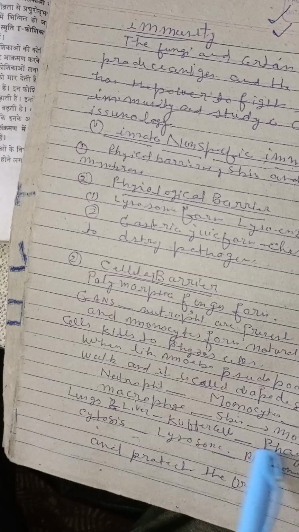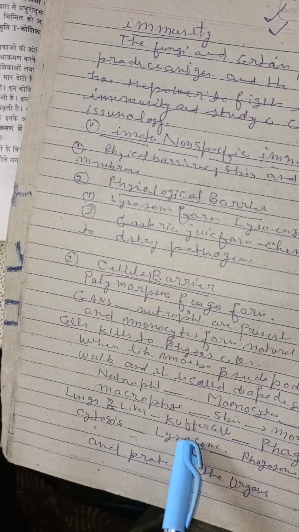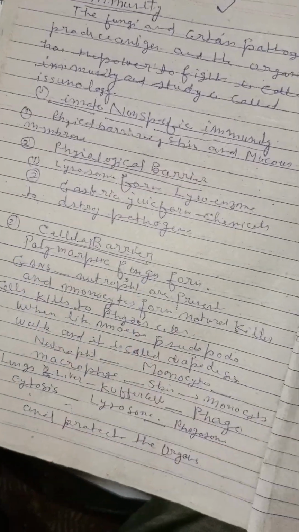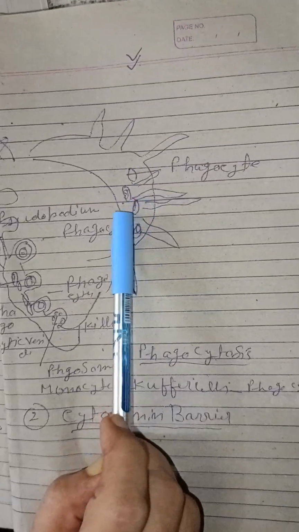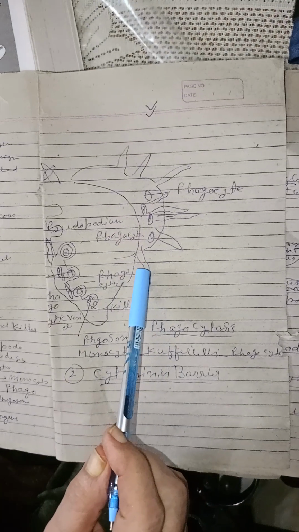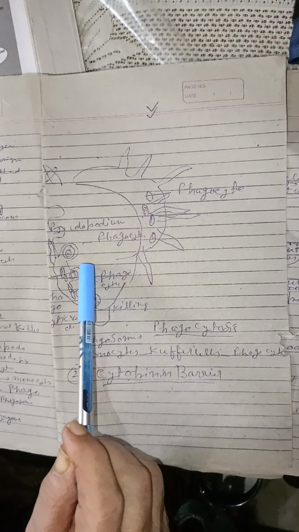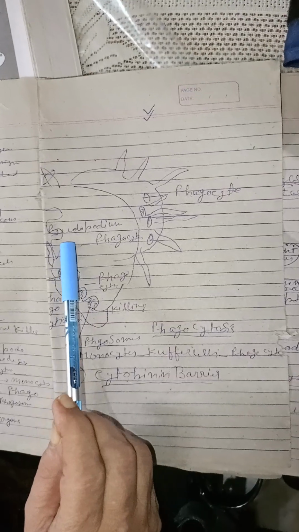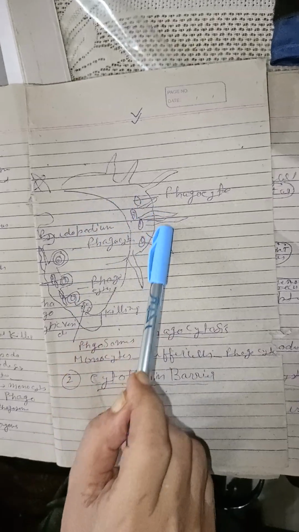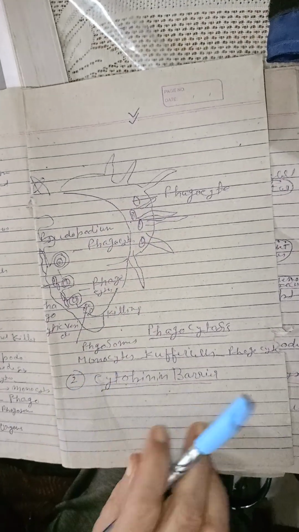Macrophages of skin form monocytes, and liver Kupffer cells form phagocytes. If you want to see the phagocytes, you can see the diagram of phagocyte. First phagocyte, then it forms phagosome, then it forms a structure called pseudopodium, and the cycle is completed and immunity occurs.